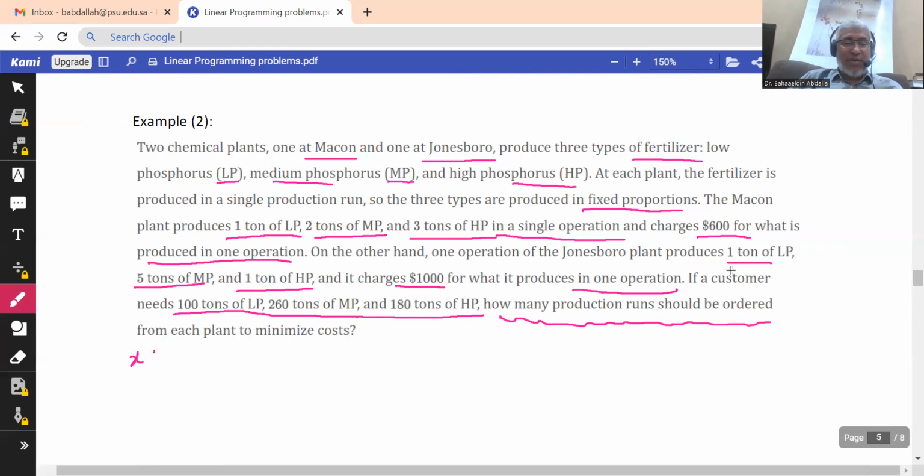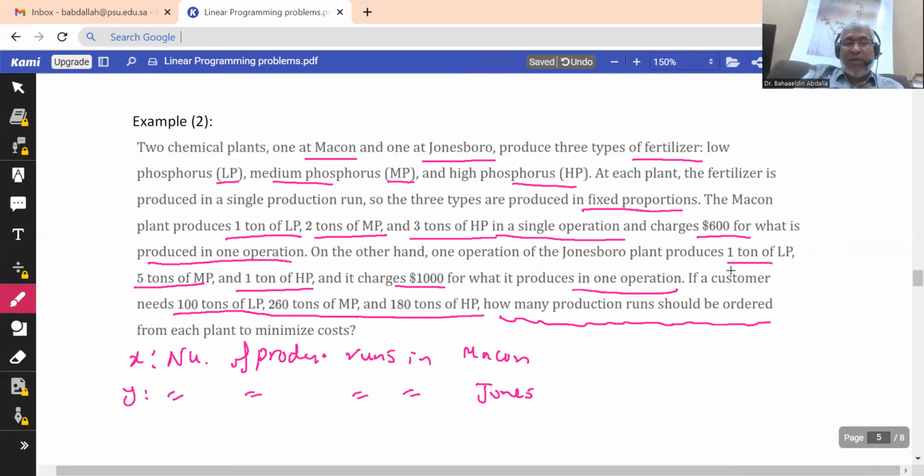So X would be the number of production runs in Macon plant, and Y would be the number of production runs in Jonesboro.